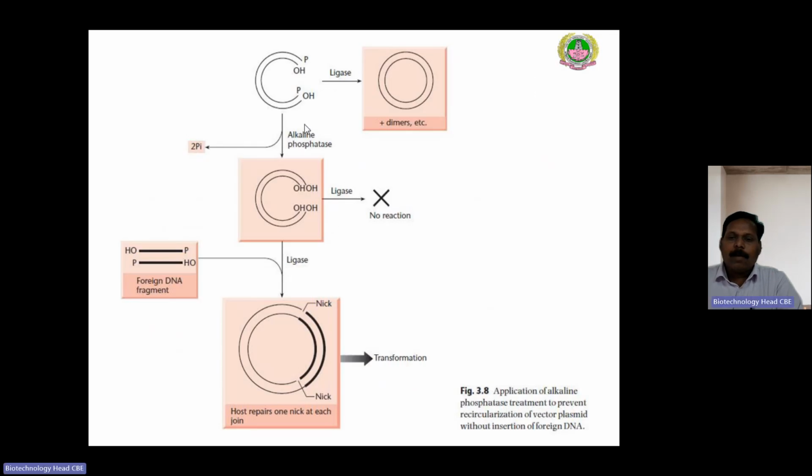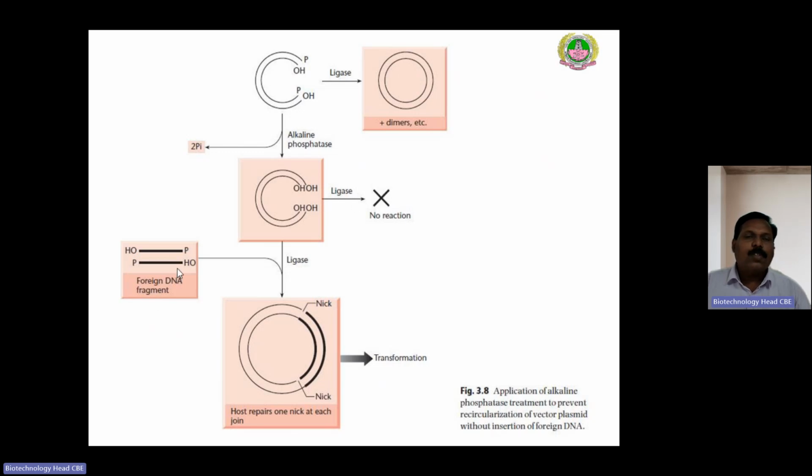So here is a summary of the action on double stranded DNA, which can be ligated by using the ligase enzyme to create dimers. This normally happens when you do a PCR; we get PCR dimers when there is complementarity between the two primers we use. Once these are subjected to treatment with alkaline phosphatase, and the protruding end of the DNA fragment loses the 5' phosphate, it loses the property of self-ligation.